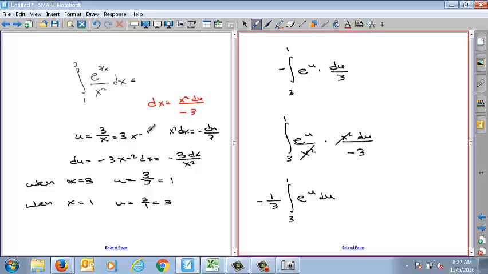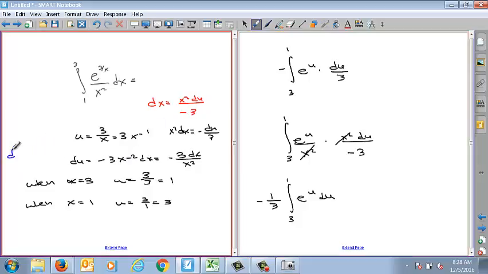So it's just a different approach: you solve for dx and then cancel out the common term, instead of putting it in a form like this where you have x squared over, well, I kind of skipped that step here, but if I had du equal to negative 3 dx divided by x squared, I solve for that, and then I substitute in negative du over 3, and I get the same answer.